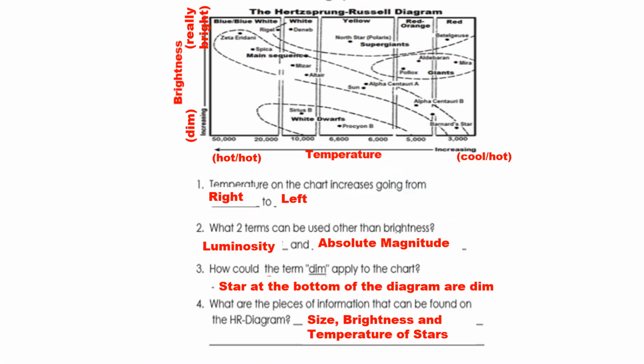I want you to find these two stars on your HR diagram, the picture that you have on that diagram. I just want you to put your finger on it. I want you to find Sirius B. It is a white dwarf. And I want you to find Deneb, and it is a supergiant. Find those two on your graph. Put your finger on both of them.